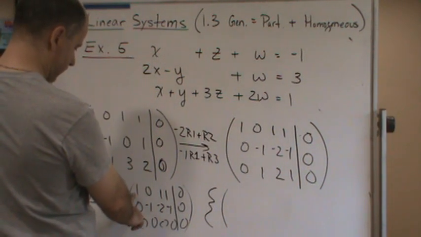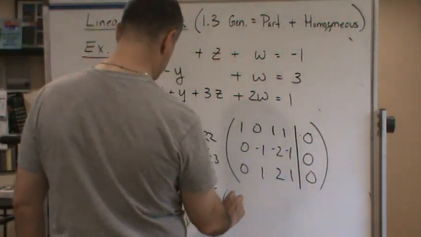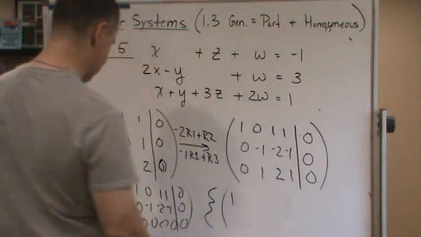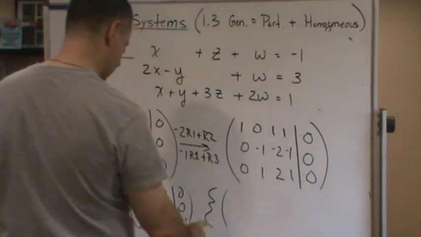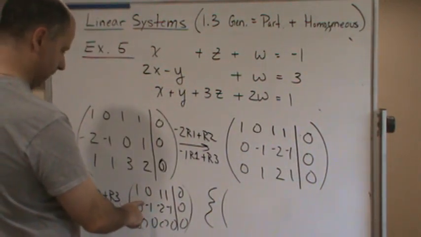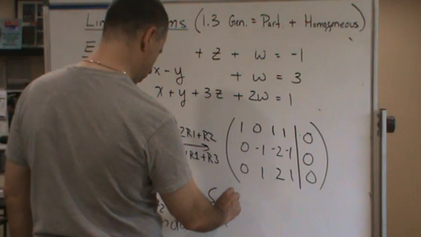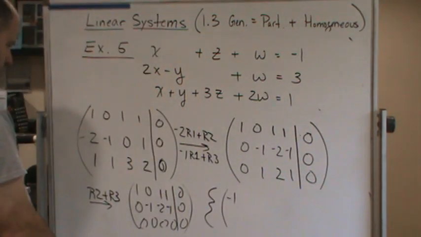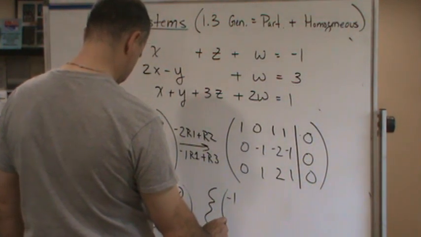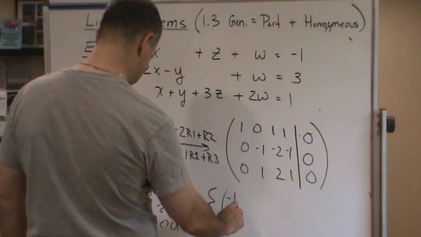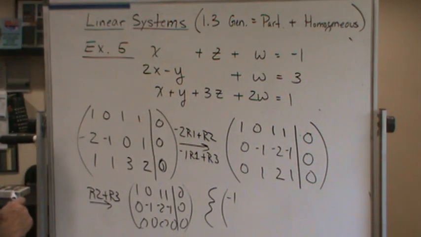So the first vector is going to be our first beta vector, so in terms of Z, X is going to be -1, Y is going to be 2.